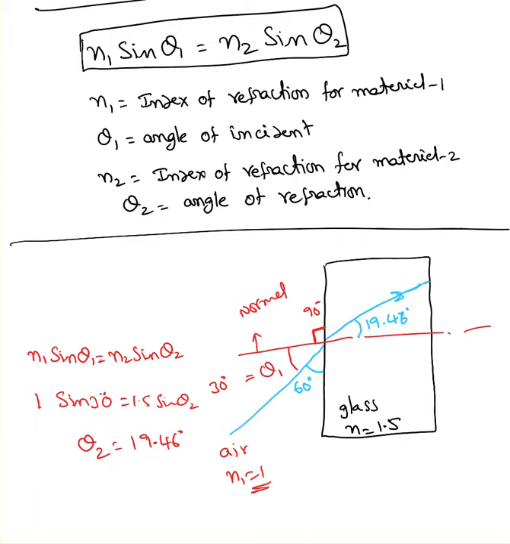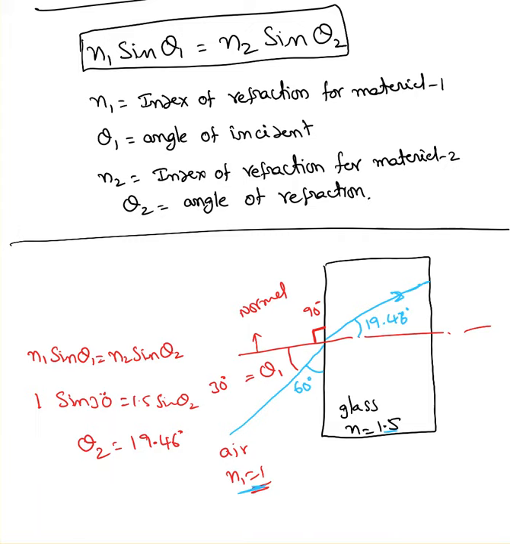One important thing I want you to notice here: n is 1 here and n is 1.5 here, so I'm talking about thickness. If a light ray is traveling from a thin material to a thick material, then the light ray is going to bend towards the normal.